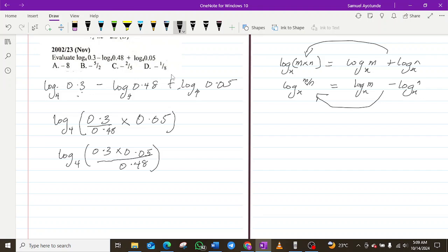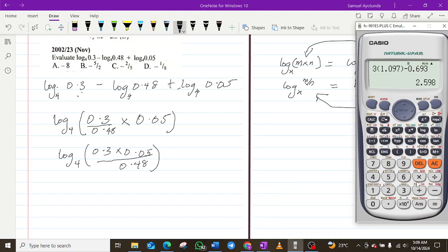So we use our calculator at this point. Use the fraction mode of the calculator. 0.3 times 0.05, then the denominator of 0.48.